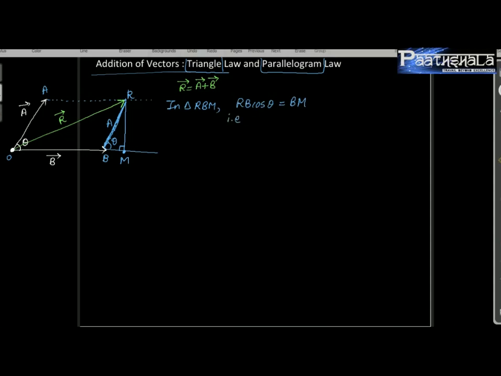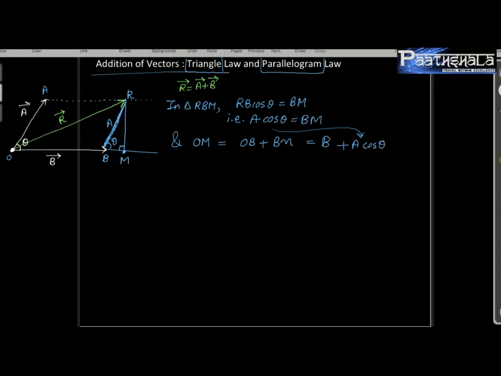That is, A cos theta is equal to BM, and OM is equal to OB plus BM. Now OB has the magnitude of the vector B, so this is equal to B plus BM, which has been found out to be A cos theta above.